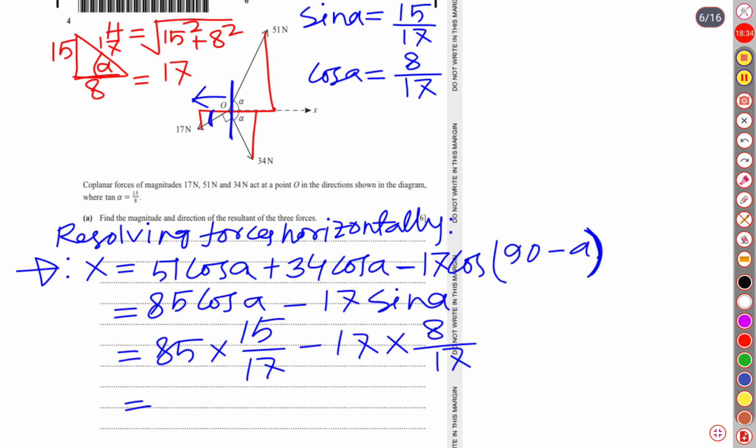Sorry, we made a mistake. Cos alpha is not 15 over 17. Cos alpha is 8 over 17. So it is going to be 8, and sine alpha is 15. So 8 over 17 and 15 over 17. What is it going to be? 17 5s are 85, 5 8s are 40. So 40 minus 15 is 25 Newton. So the horizontal resultant force is 25 Newton.